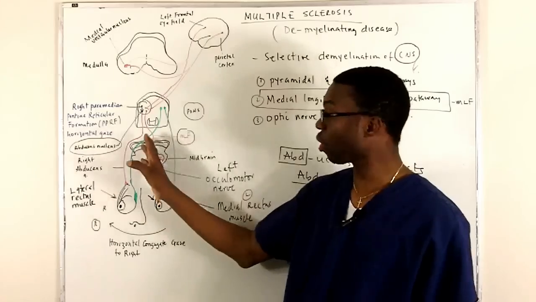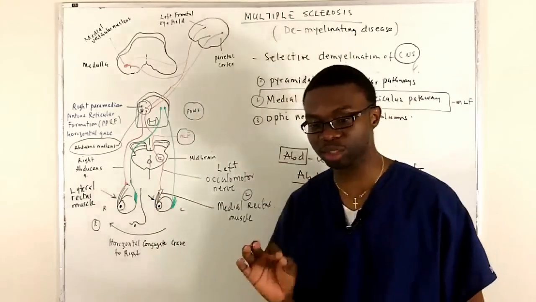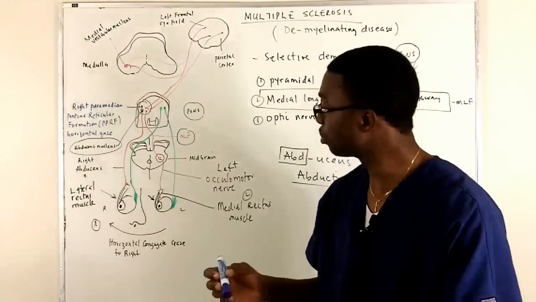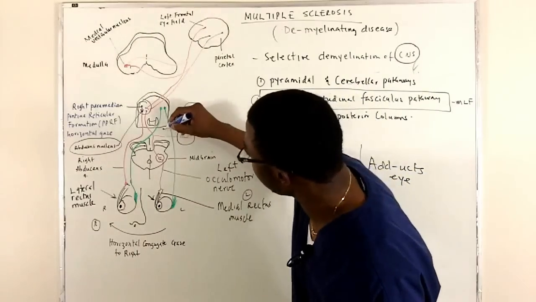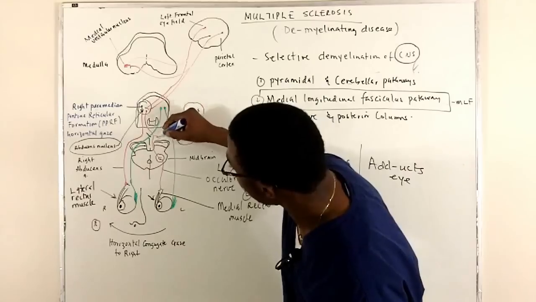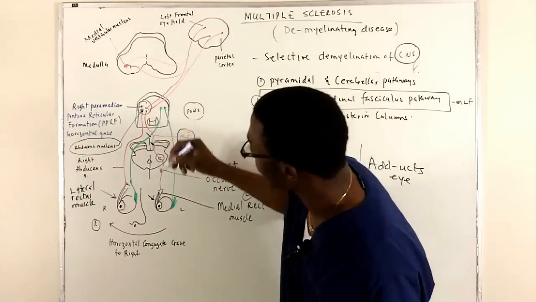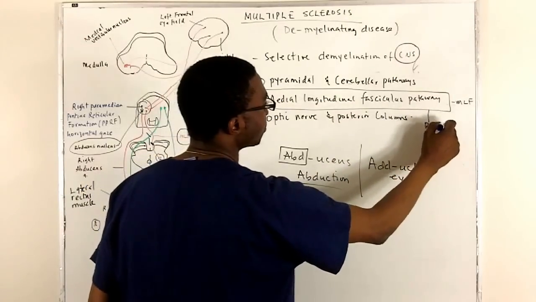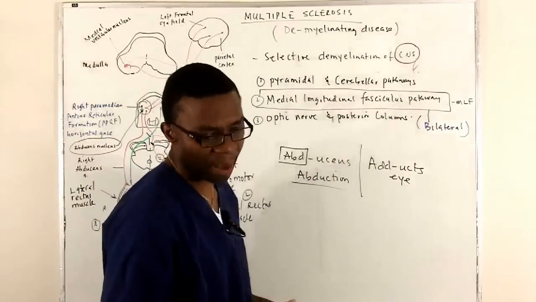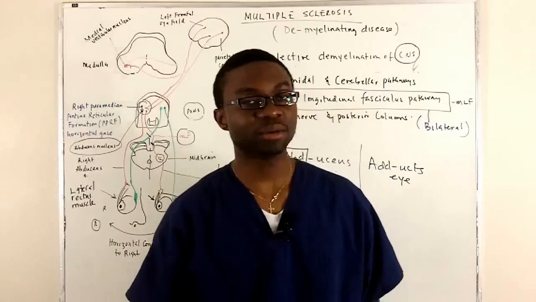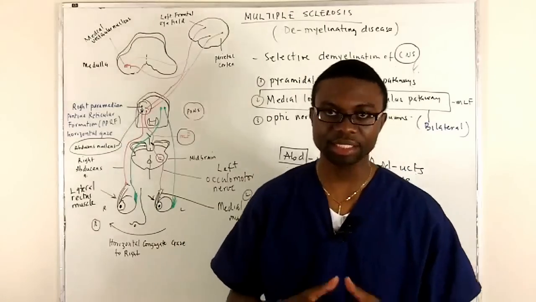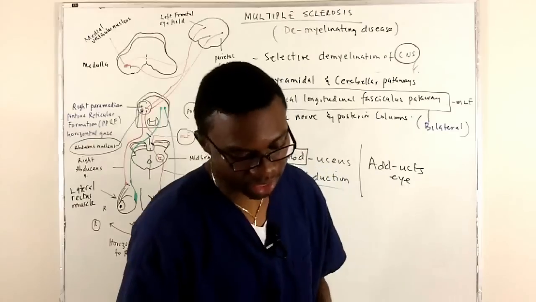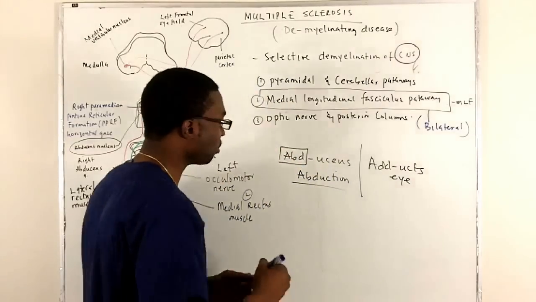So I'm only using one as an example, but the reason is because when somebody has multiple sclerosis, this is what's about to happen. Let's use blue. They're going to get demyelination of this medial longitudinal fasciculus right there. See that? Both of them are going to be affected, bilateral, because both of them are going to be damaged. What will happen when these patients with demyelinating multiple sclerosis develop lesions in the MLF pathway? They're going to develop a syndrome called internuclear ophthalmoplegia.